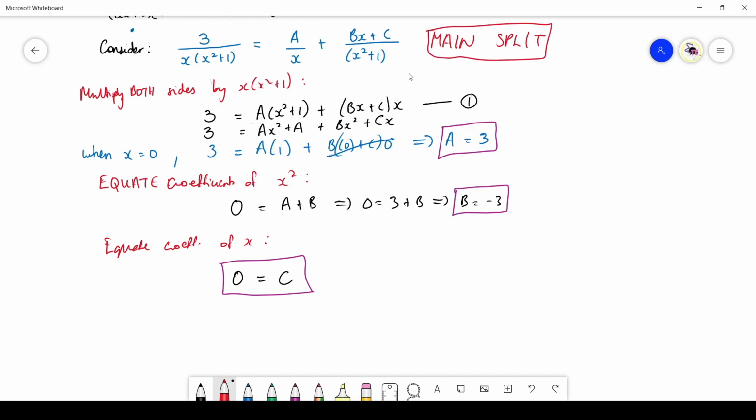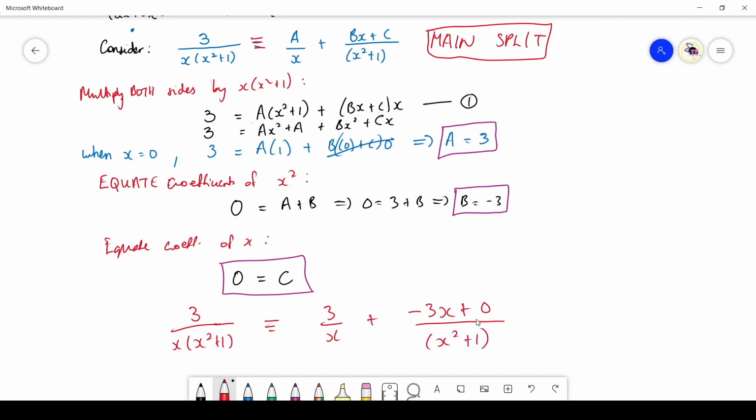So your final answer will turn out to be that 3 over x squared plus 1 ended up splitting into the following. A had a value of 3, so that's 3 on x, plus b has a value of -3, so that's -3x, and then c has a value of 0, all on x squared plus 1.